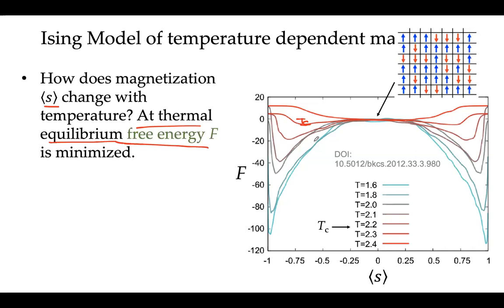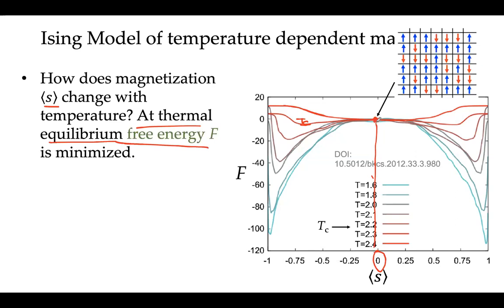For example, if you are at high temperature, above Tc, you are on this curve. This is the free energy. At high temperature, everything is randomized, so there's really no magnetization. If you minimize this curve, the minimum occurs somewhere here, right? This is the free energy minimum. What is the magnetization that corresponds to this point? As you can see, it is 0. So at this point, there's no magnetization.